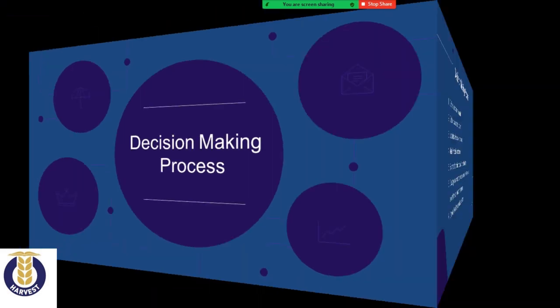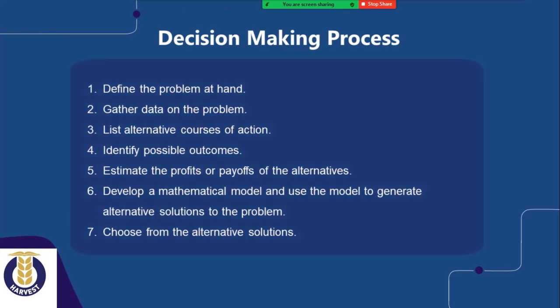and this can be examined. I have given a summary here of the steps. Step number 1, we start by defining the problem. All decision makers seek to solve a certain problem. So what is the problem? Step number 2, gather data on that particular problem.